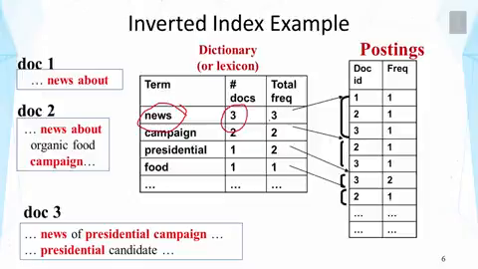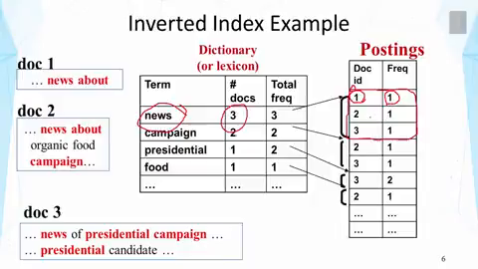Now, in addition to these basic statistics, we also store all the documents that match news. And these entries are stored in a file called postings. So in this case, it matched 3 documents, and we store information about these 3 documents here. This is the document ID, document 1, and the frequency is 1.